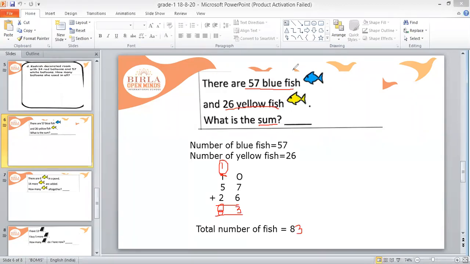Children, I'm asking this for the last time. Is there anyone who is still writing? Now I'm clearing all this and we'll move to next word problem then.